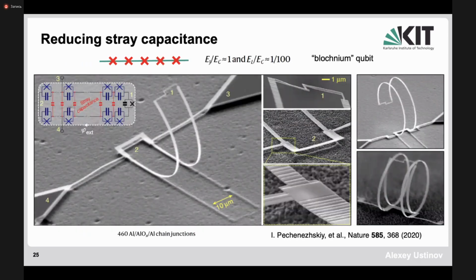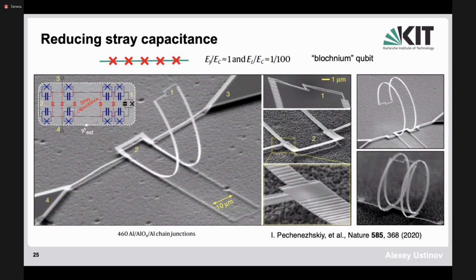Now, a very smart way of reducing the stray capacitance is avoiding the dielectric. You know that if you make two metallic electrodes, they form a capacitor, and if you put these metallic electrodes on the dielectric, then half of the space is filled with dielectric with epsilon larger than 1, and therefore the capacitance increases. So if you disconnect the metal from the dielectric, then capacitance decreases.